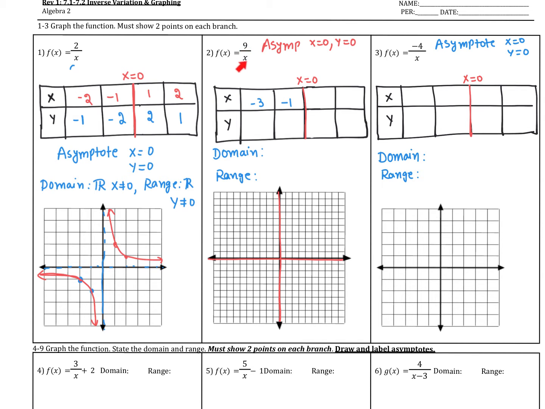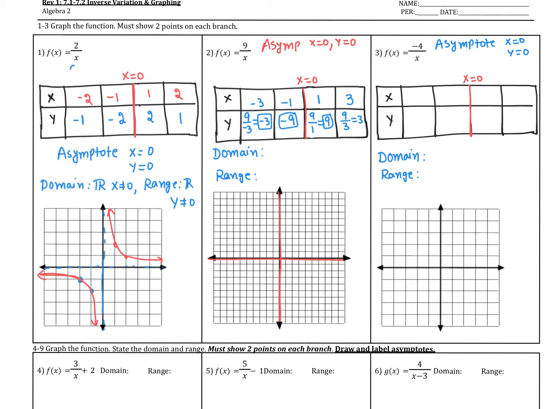9 divided by -3 would be -3. So 9 divided by -3, you're going to get -3. 9 divided by -1 is -9. And when you put 1 and 3, 9 divided by 1 is 9. And 9 divided by 3 is 3.